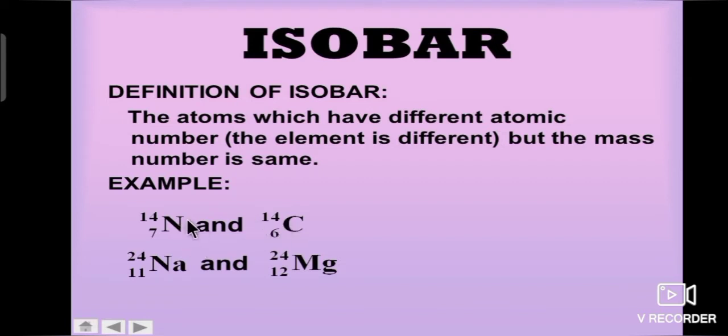Both have mass number 14. See the second example: sodium and magnesium have the same mass number but different atomic numbers. So, nitrogen and carbon are called isobars. Once again, atoms which have different atomic numbers but the same mass number are called isobars.